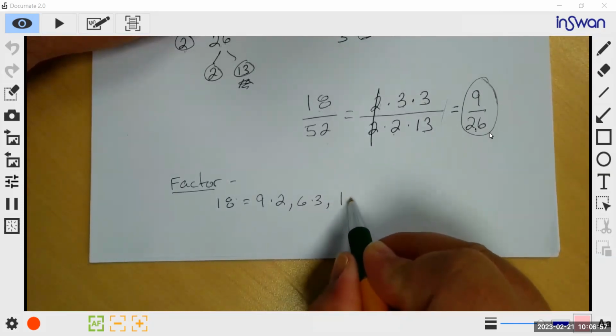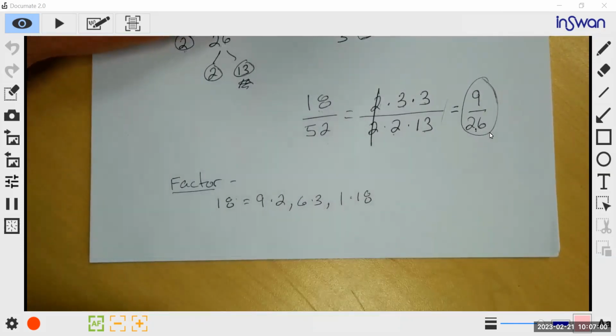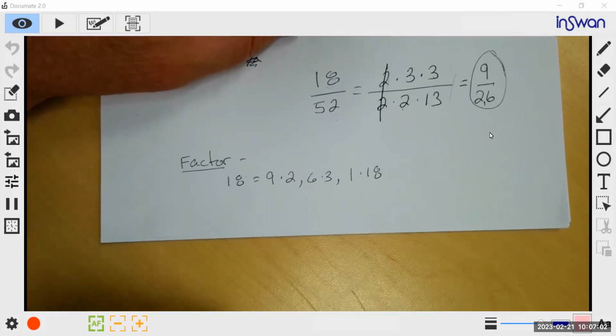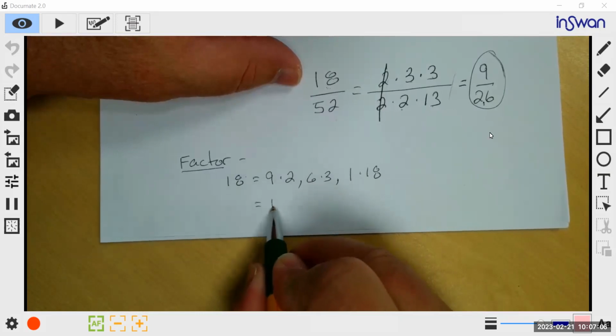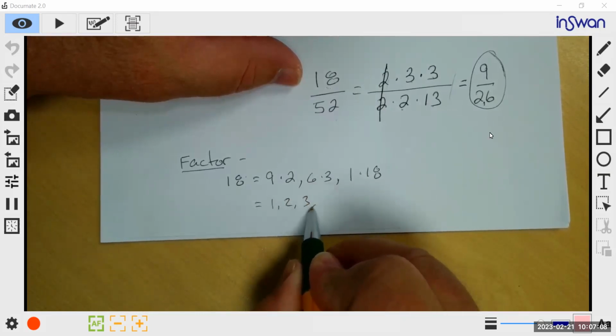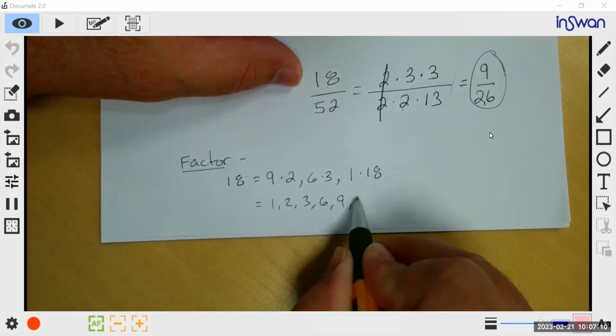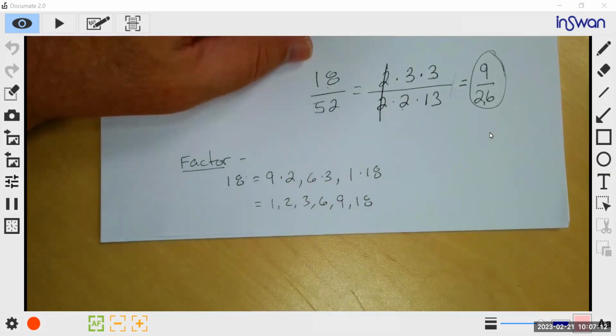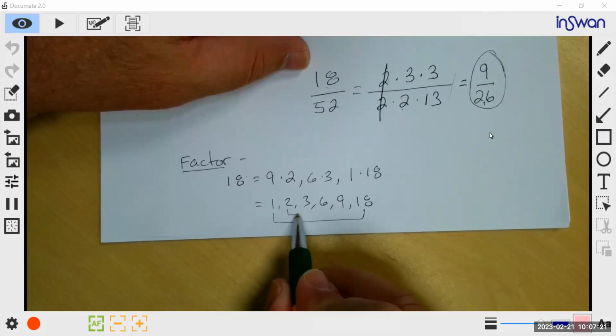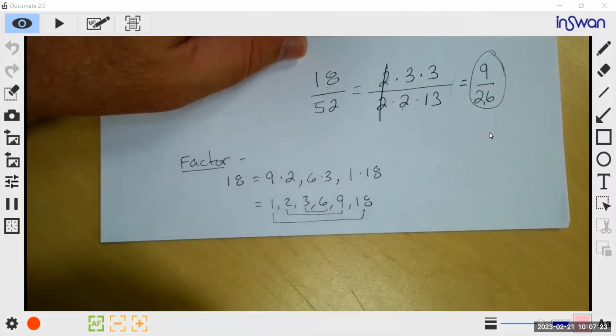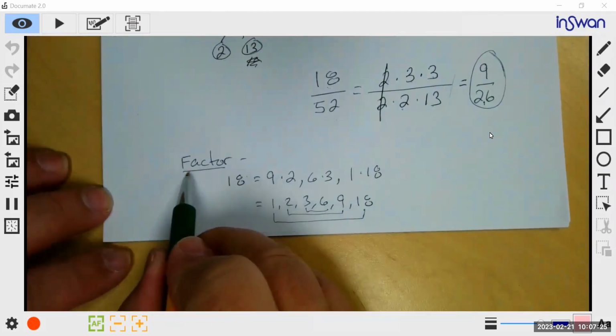And 1 and 18. So when I factor 18, my factors are 1, 2, 3, 6, 9, and 18. Because 1 times 18 is 18, 2 times 9 is 18, 3 times 6 is 18. Those are all the factors.